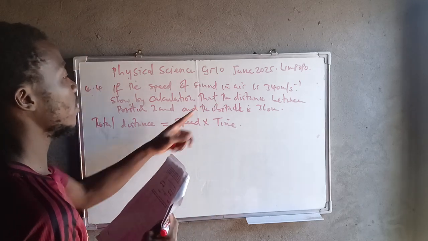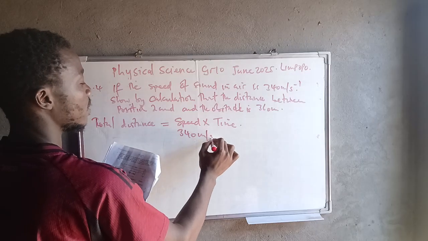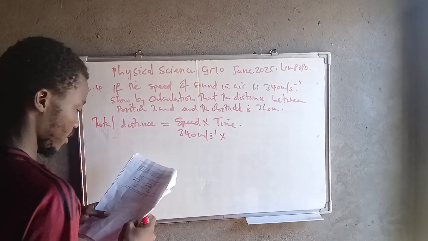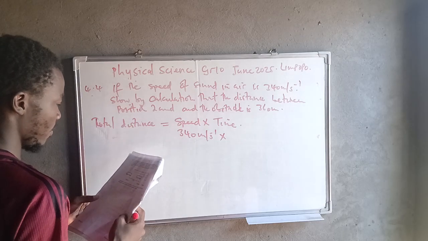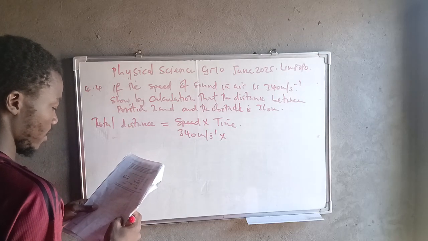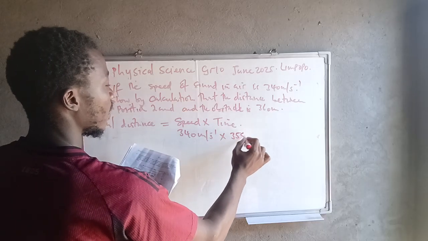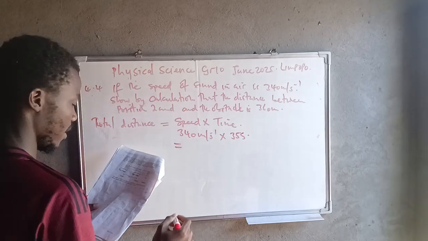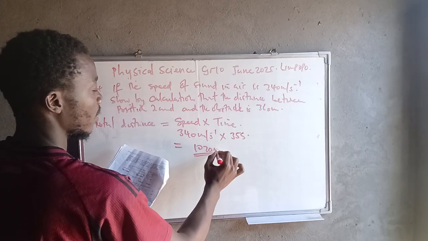The speed is the one that you are given, 340 meters per second, times the time. The time we were given is 3 seconds, right? So if we multiply those two, we must get 1020 meters.